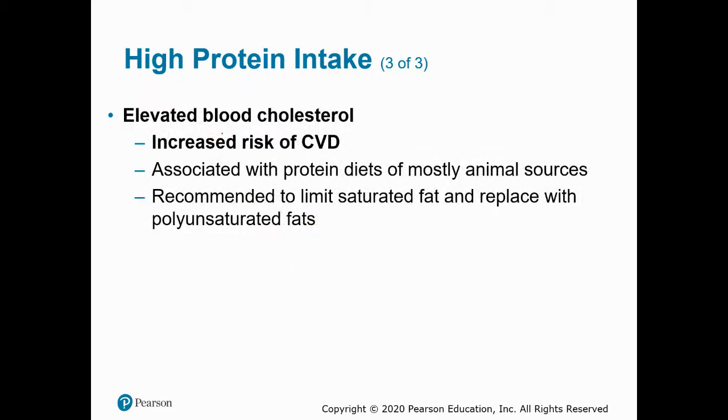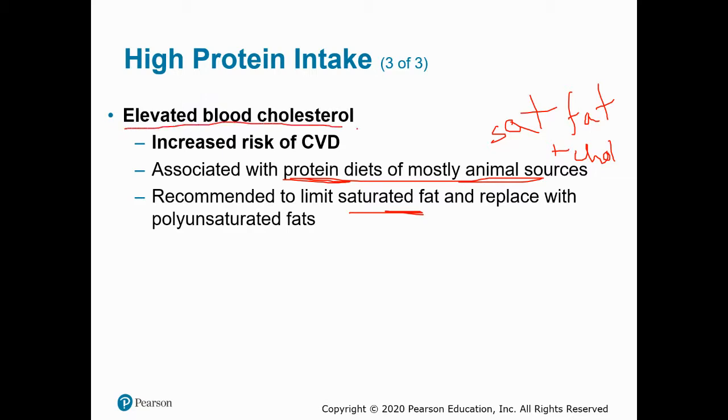And then protein associated with elevated blood cholesterol levels. What we do see is that high animal protein diets, because of the saturated fat and the cholesterol, can lead to elevated blood cholesterol levels. Interestingly, people who follow more of a plant protein diet have very cardioprotective effects.